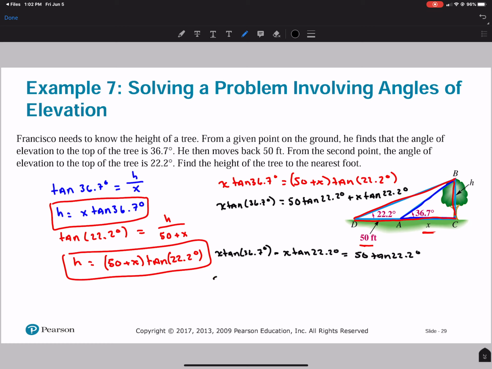So now I'm just going to factor out an x. So that's going to be x times the tangent of 36.7 degrees minus tangent of 22.2 degrees. And that's equal to that 50 tangent of 22.2 degrees. So basically x is just equal to 50 tangent of 22.2 degrees all over the tangent of 36.7 degrees minus the tangent of 22.2 degrees.